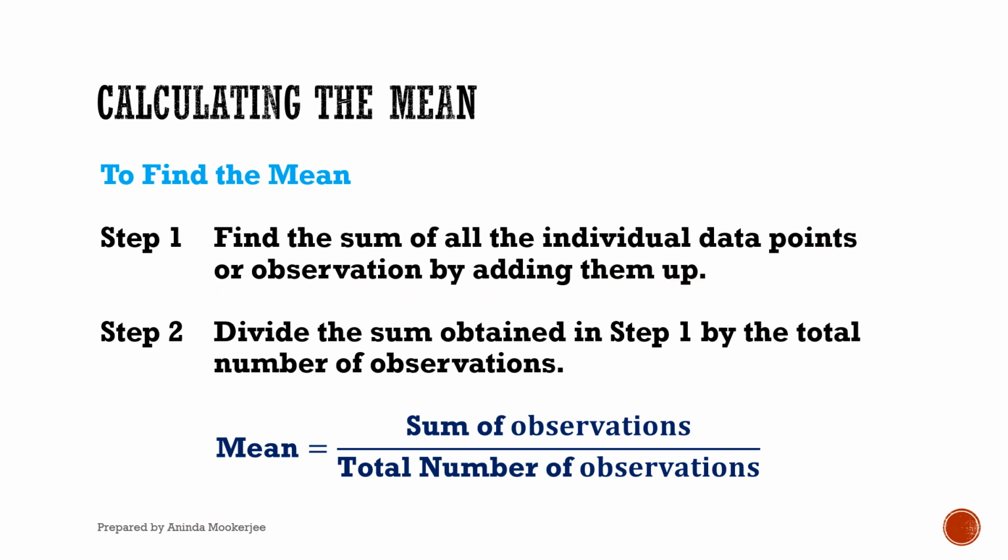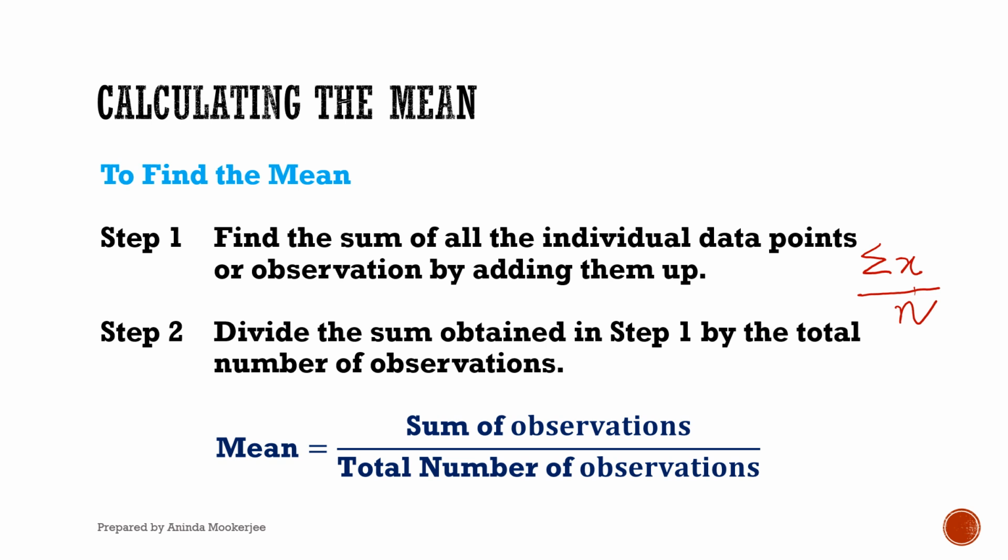So in step one, we sum our x values, the individual values of our observations, so sigma x. Then in step 2 we divide the sum obtained in step 1 by the total number of observations, and we'll call that n.